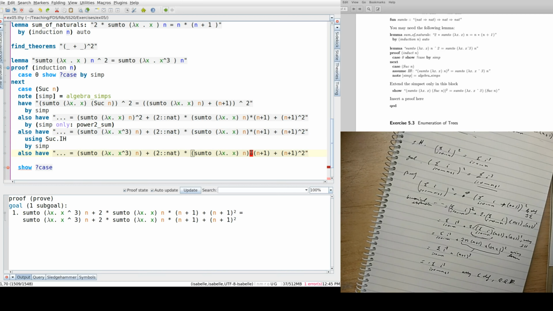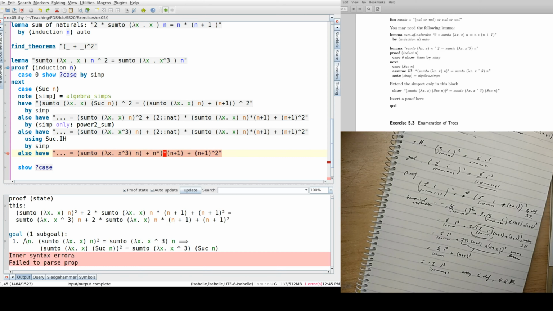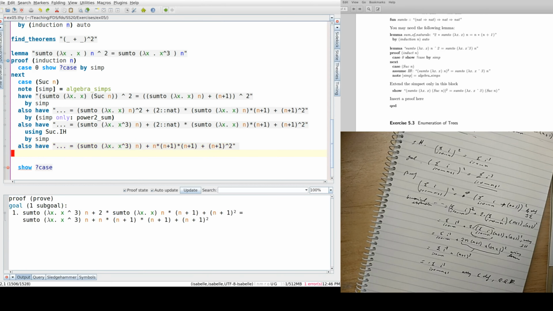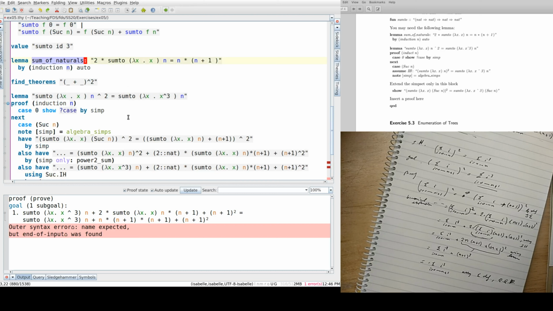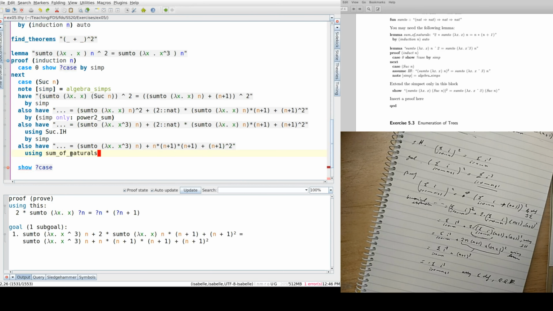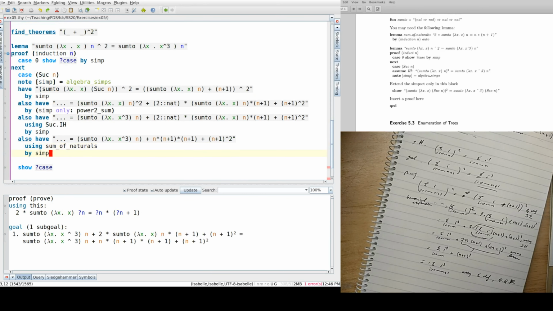That should be replaced by n times n plus 1, using sum of naturals by simp.